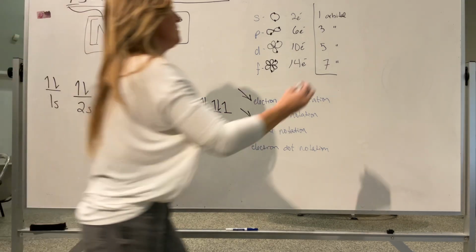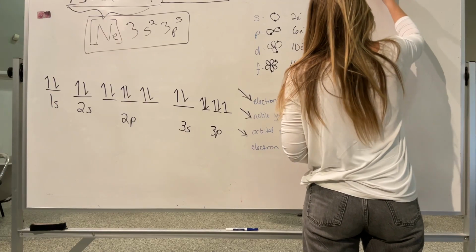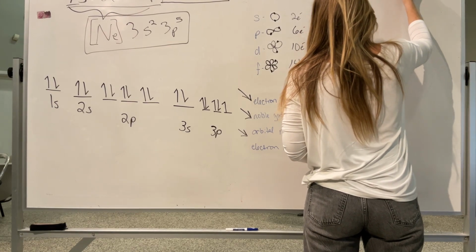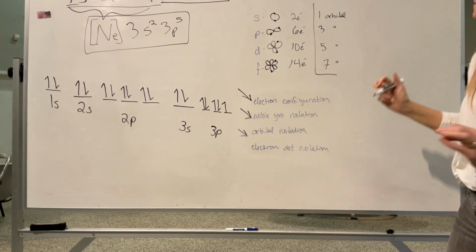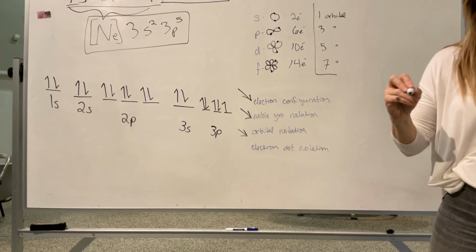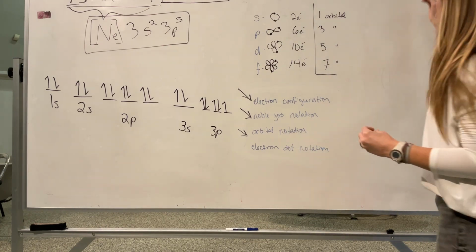Okay, so one of the things that I briefly talked about was valence electrons. The valence electrons are all the electrons found in the outermost energy level.